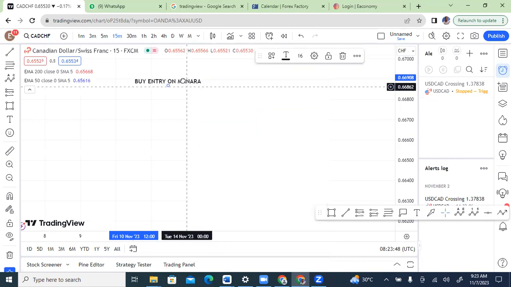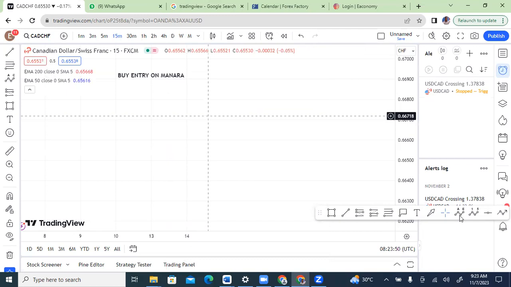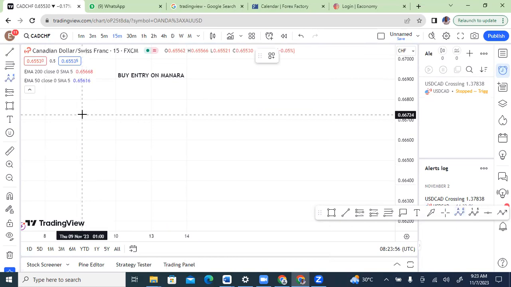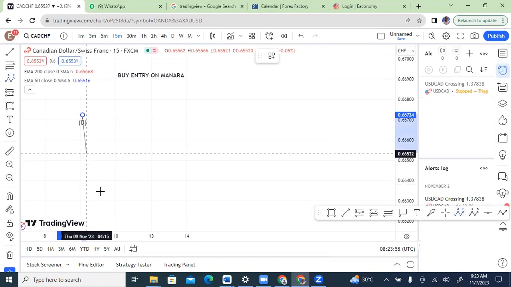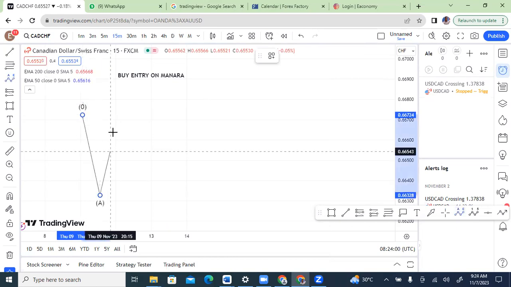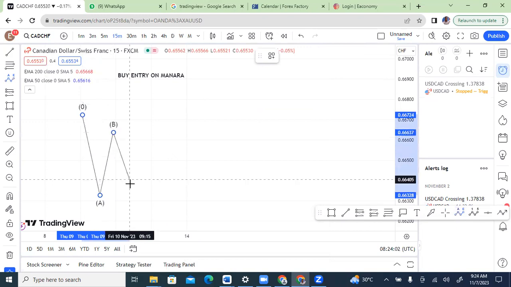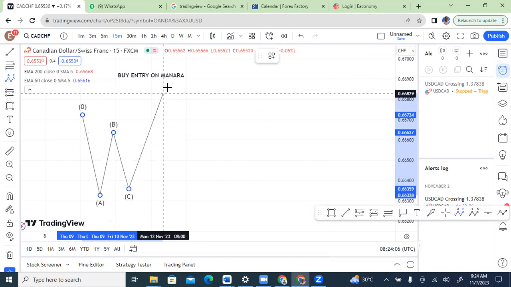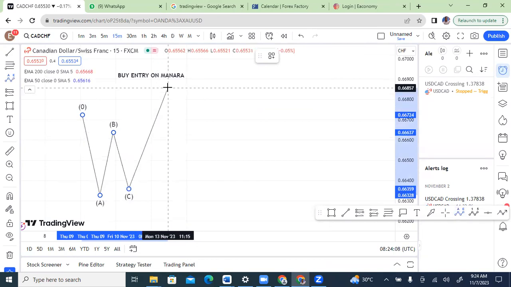They'll give you a pattern that always looks like this. Sorry, I said a buy entry; this is a sell entry rather.